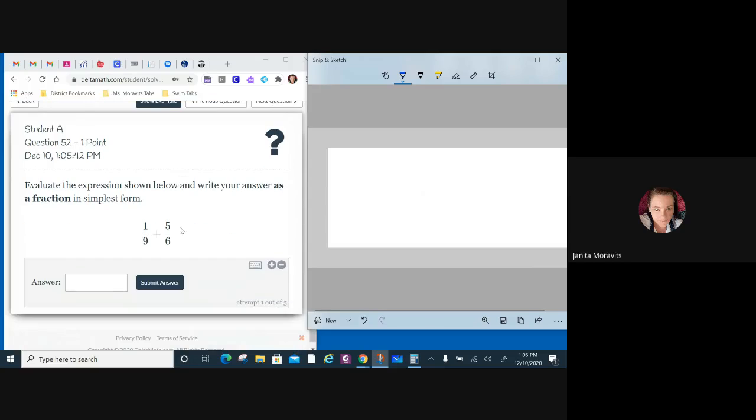All right, question 52. Evaluate the expression and write your answer as a fraction in simplest form. So we're going to add 1/9 plus 5/6. All right, well, when you're adding or subtracting fractions, you always have to have the bottom the same.